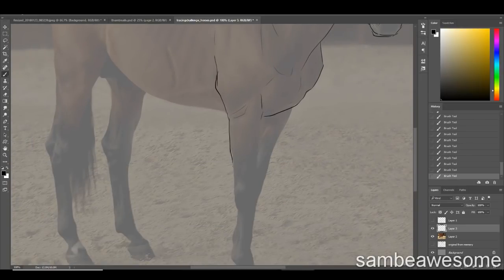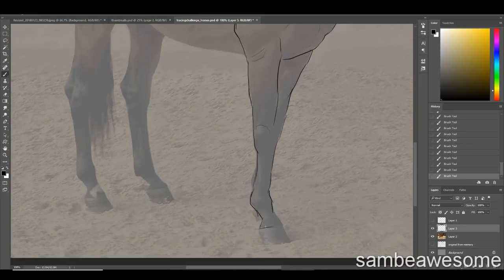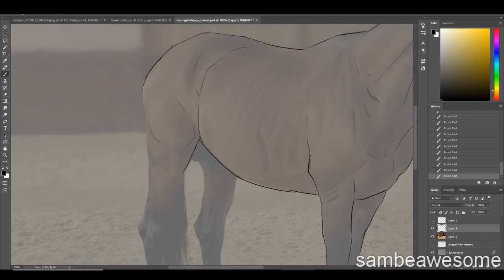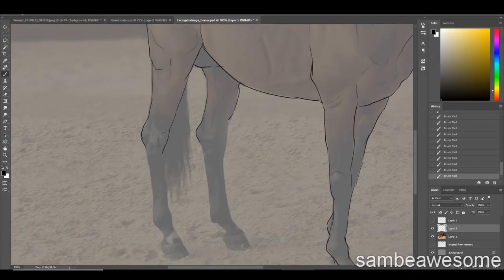So I wanted to try something that I had little to no knowledge of and then see bigger changes from the before and the after. And so I went with horses.